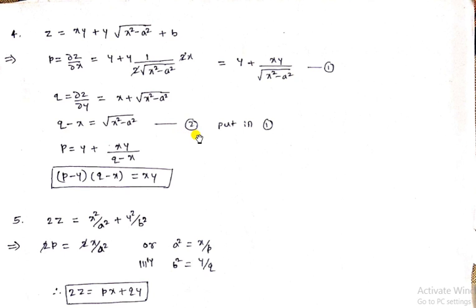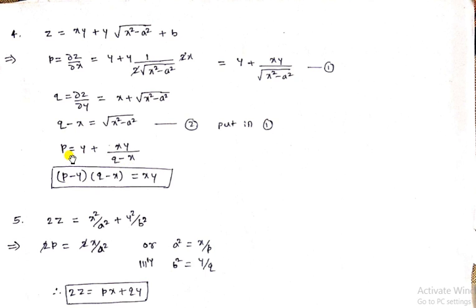Now we use equation number 2 in equation number 1. In 1, the denominator contains square root of x square minus a square, where we substitute q minus x. So equation 1 becomes p equal to y plus xy divided by q minus x.